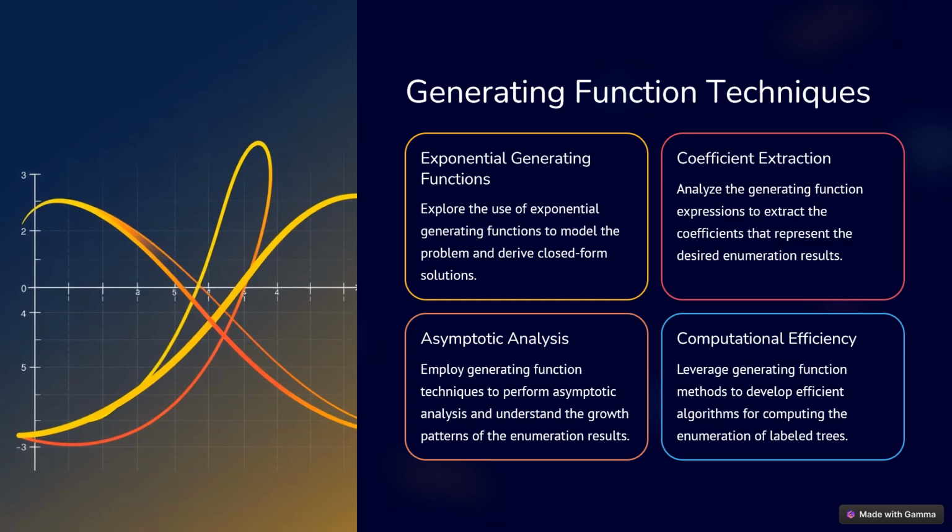Coefficient extraction: analyze the generating function expressions to extract the coefficients that represent the desired enumeration results. Asymptotic analysis: employ generating function techniques to perform asymptotic analysis and understand the growth patterns of the enumeration results.